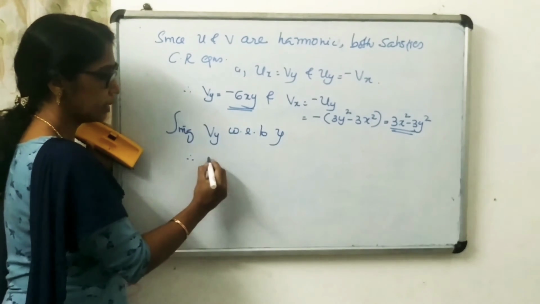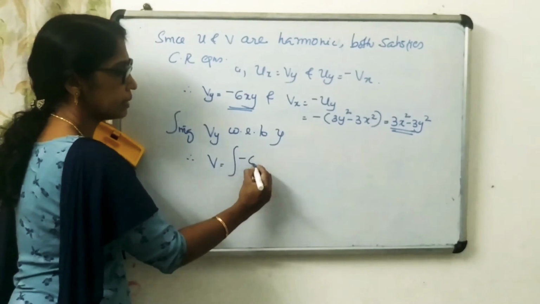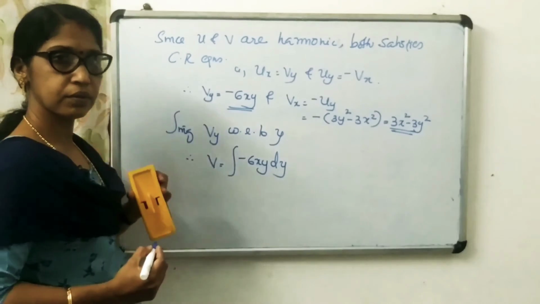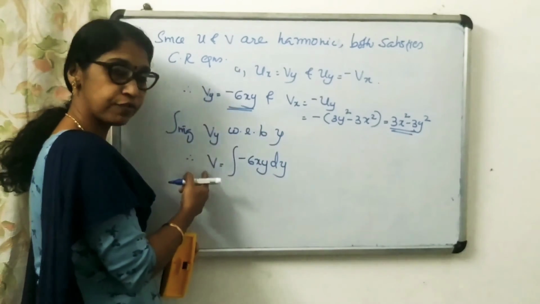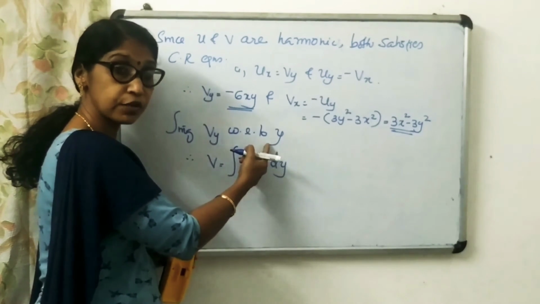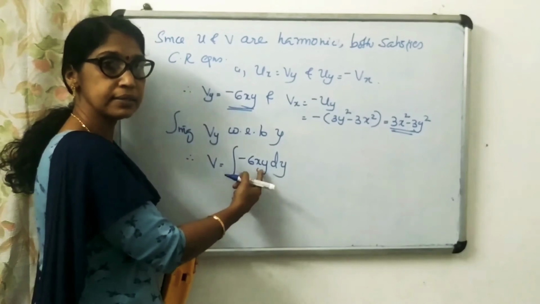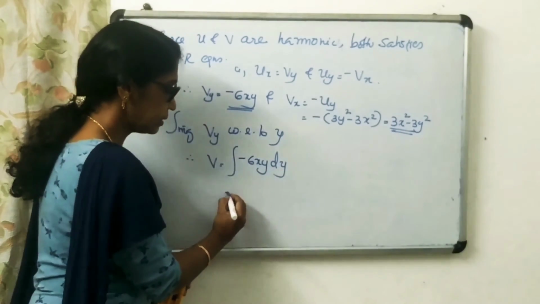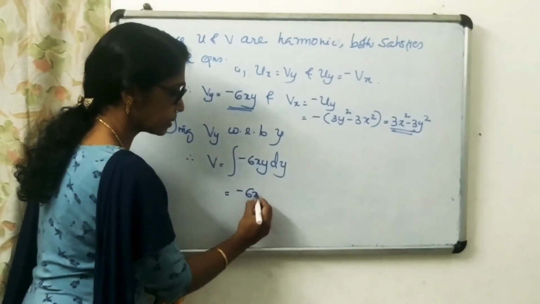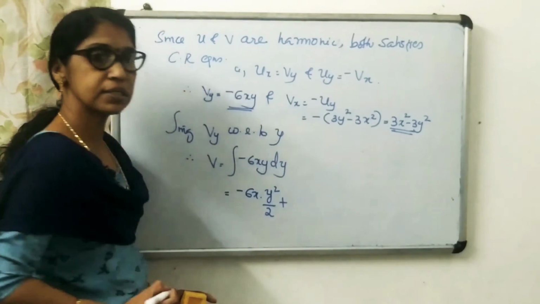Therefore v is the integral of -6xy dy. For that we integrate vy with respect to y, then only we get v. So v = -6x times y^2/2, plus a constant of integration.